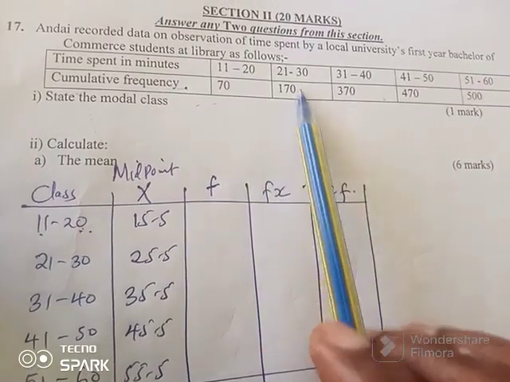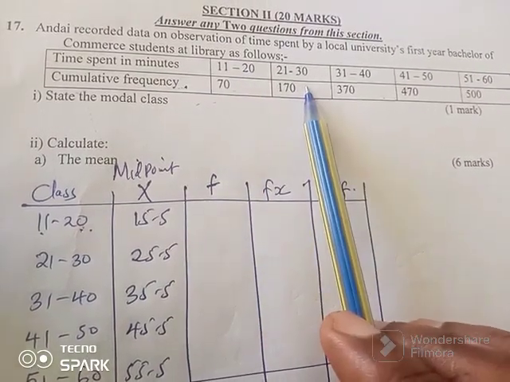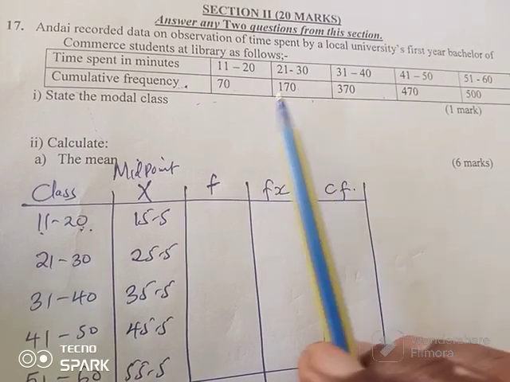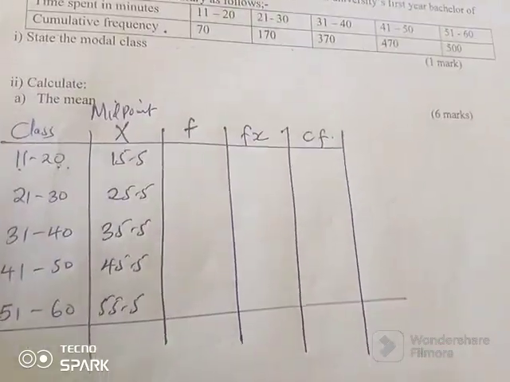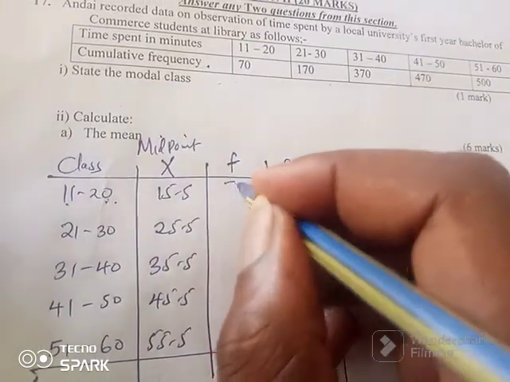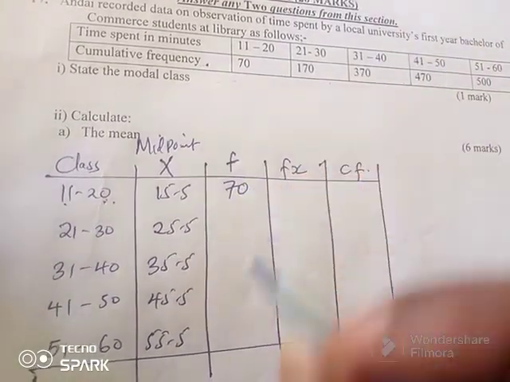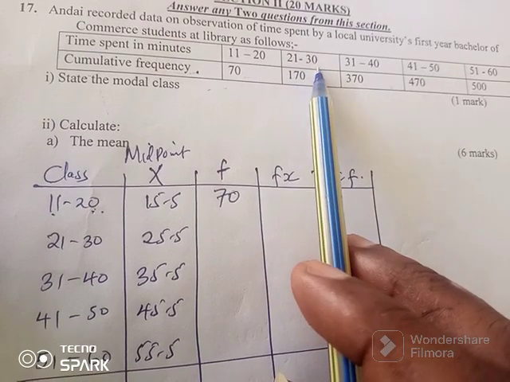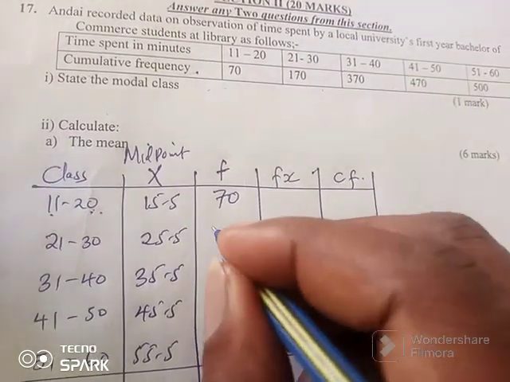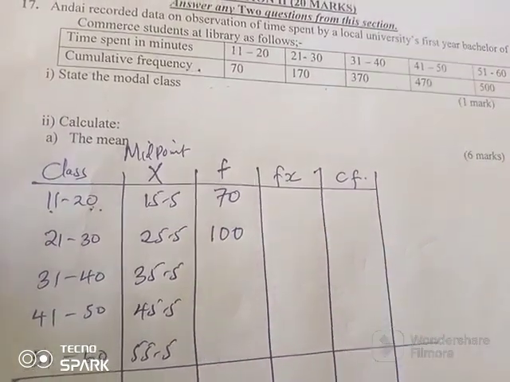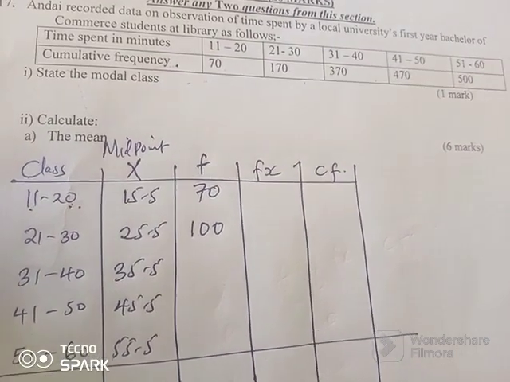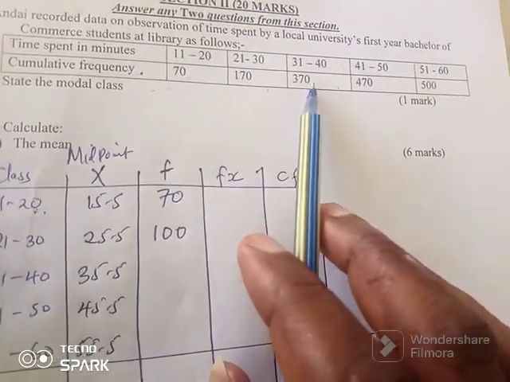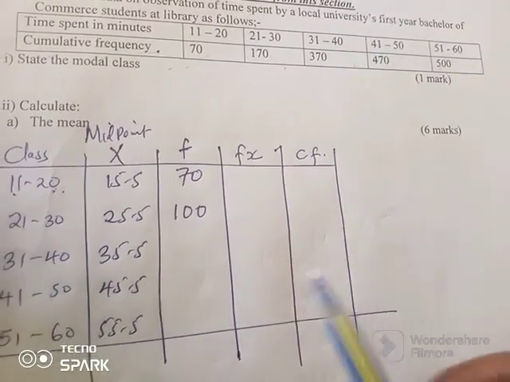So it therefore means we subtract to get the frequency of the second class. We shall do the same as we go all the way. So when we add 70 to what was in the 21 to 30, we get 170, and therefore there were 100 items. Following like that, they must have added 200 to get 370.